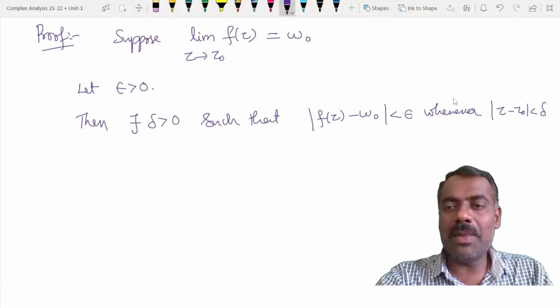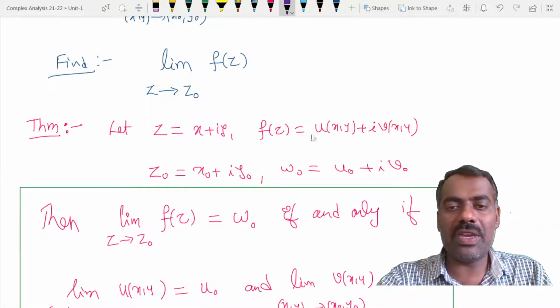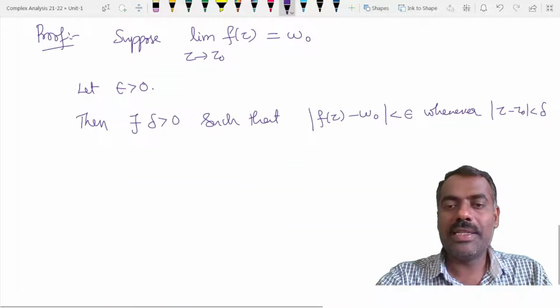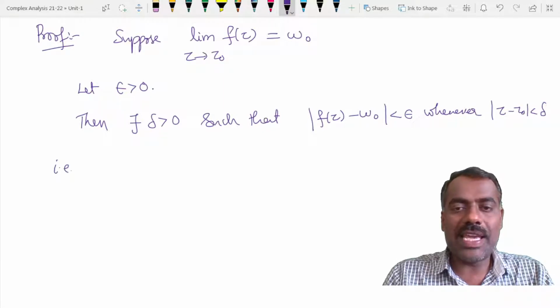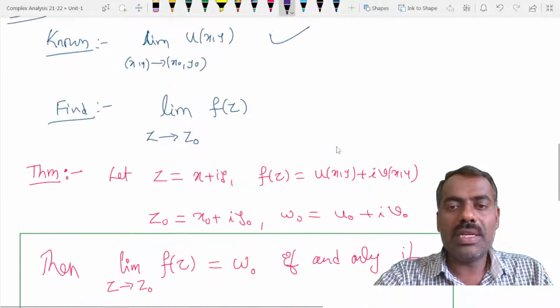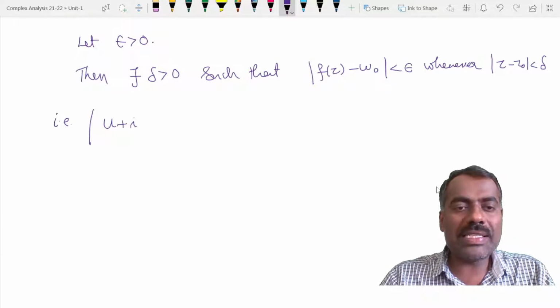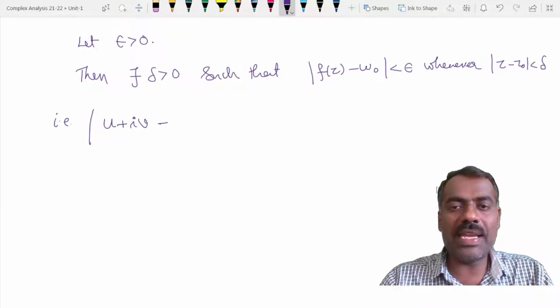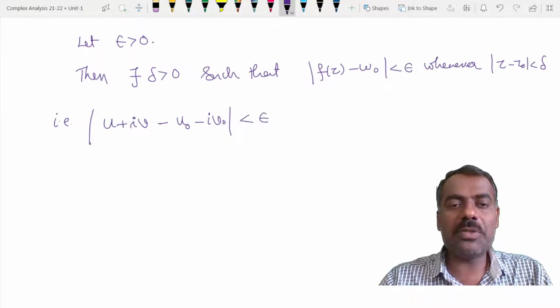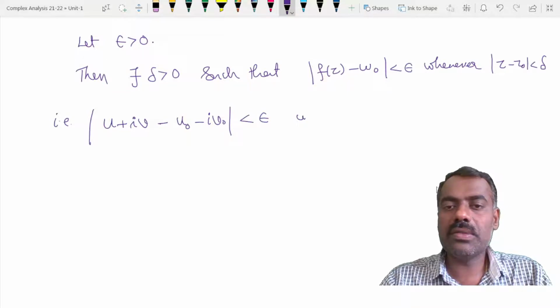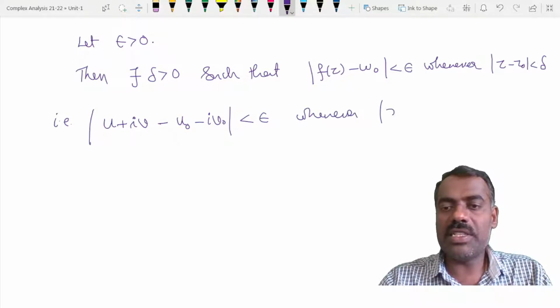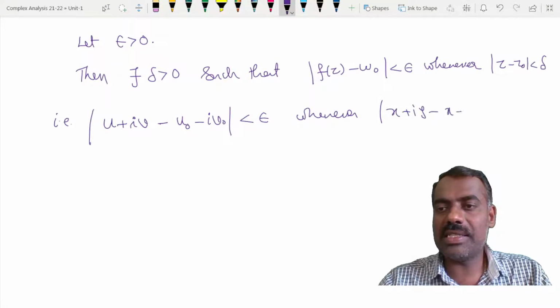We simplify these things by substituting f of z, z, z naught, w naught. That is the same as saying that mod of u plus iv, that is our f of z, minus w naught, which is u naught plus i v naught, is less than epsilon whenever mod of z, which is x plus iy, minus z naught, which is x naught plus i y naught, is less than delta.